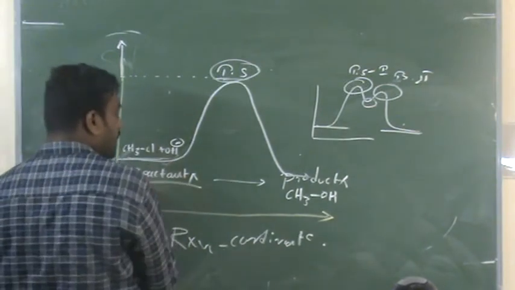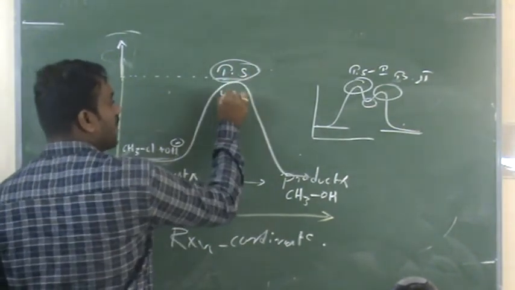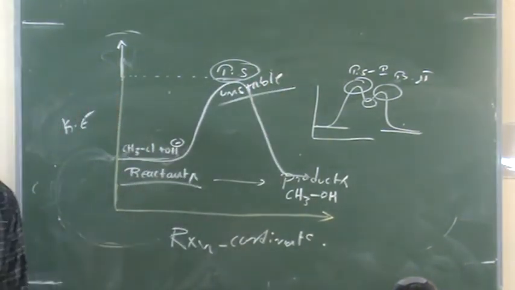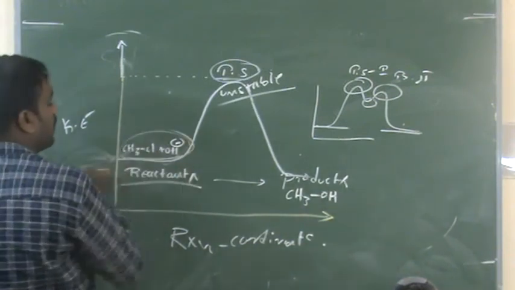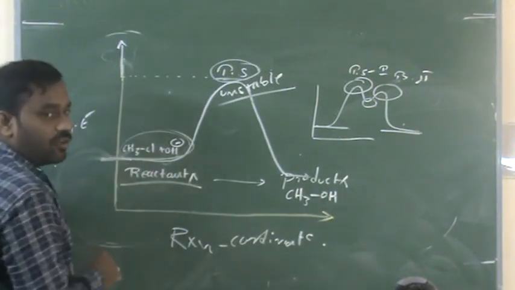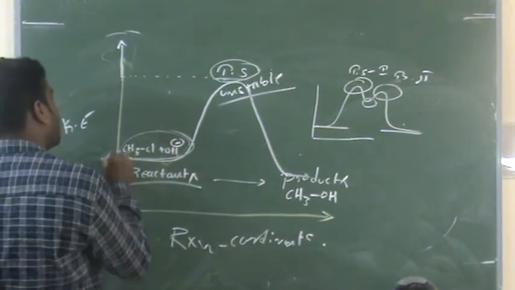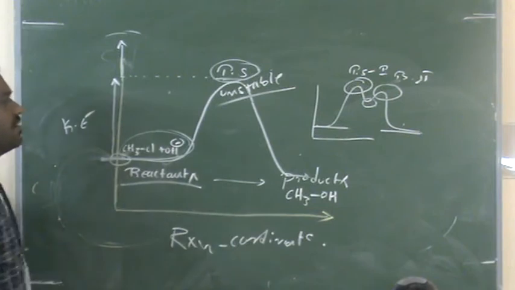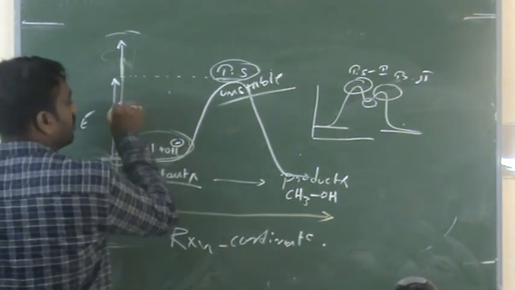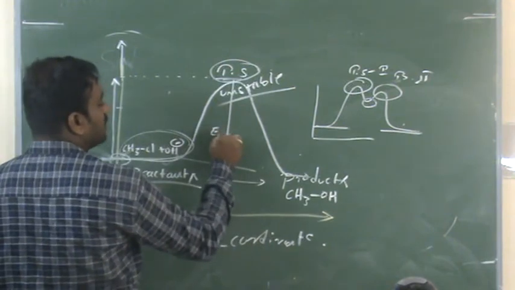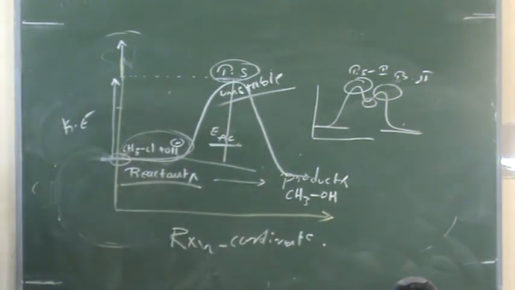So initially reactants form a transition state which is very unstable. Why is it very unstable, guys? Because it has high energy. Initially the reactants have this much energy. When the reactants react together, their energy rises, and from here to here is called the activation energy.